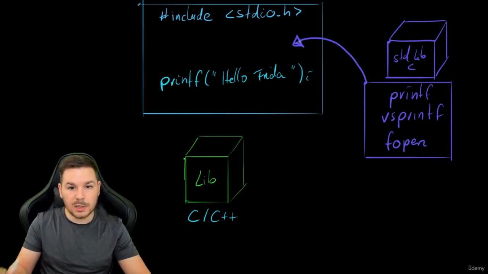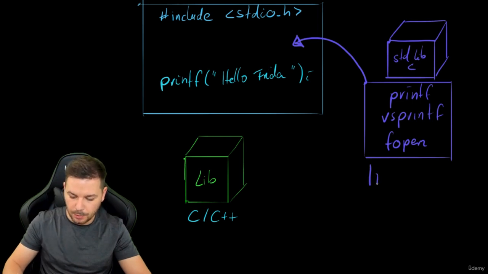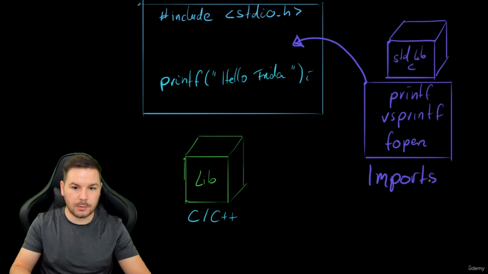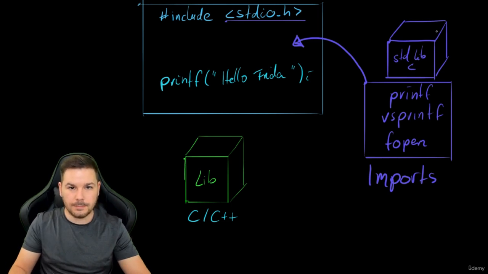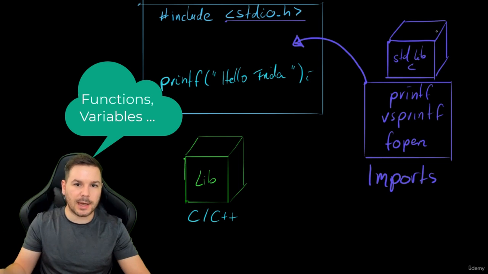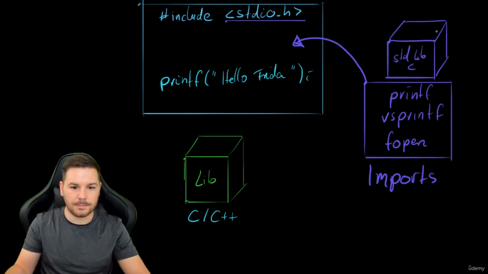This means all these functions over here are imports for our program right now. We are importing these functions into our program via this one. Imports therefore simply means functions that are coming from a different library.